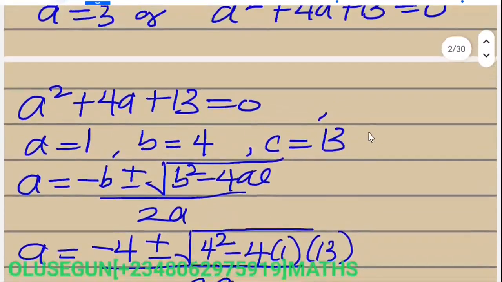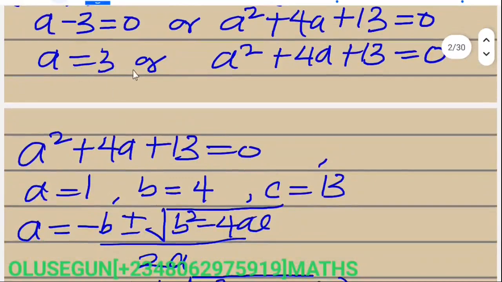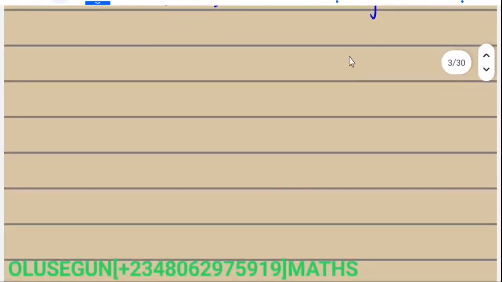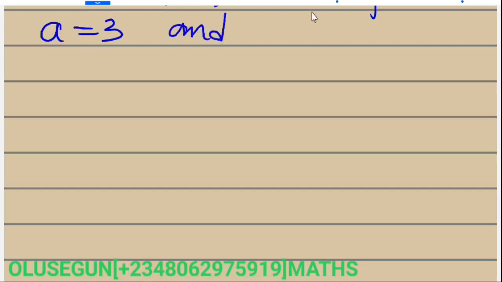But recall that our a is equal to 3. So we have to obey the value that a is equal to 3. So therefore, a is equal to 3. Now, recall that we represent a to be 2 raised to power x. So let's put it together to have 2 raised to power x is equal to 3.